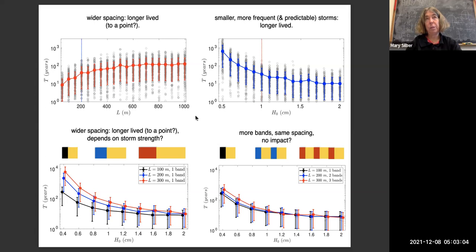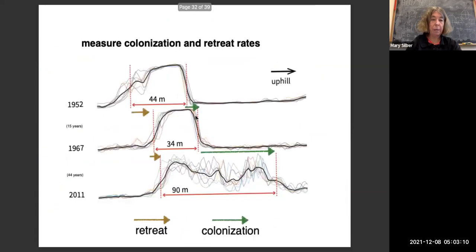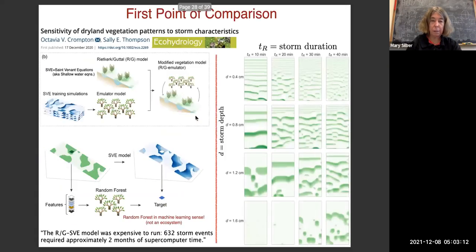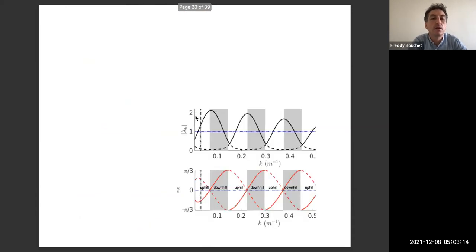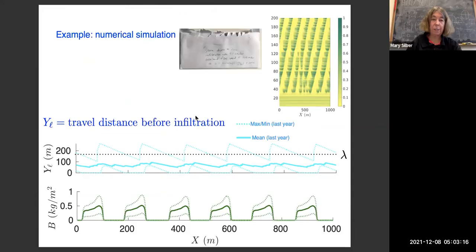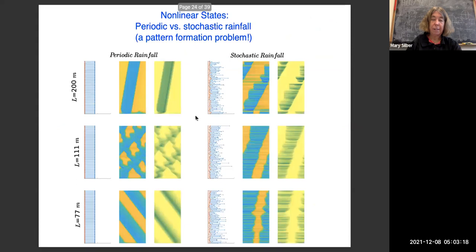And so that was part of the reason I wanted to show that slide of the differences between the periodic. Yeah, so back here, it was very different. It was just fascinating to me just how different it was. It's really rich.